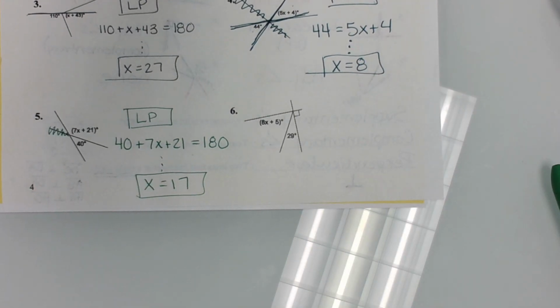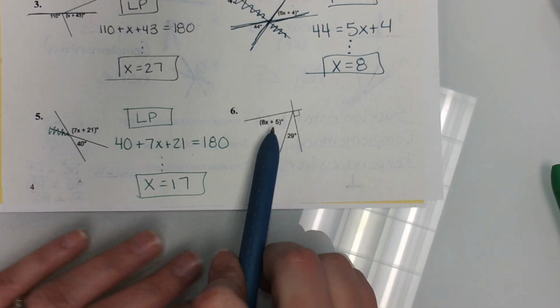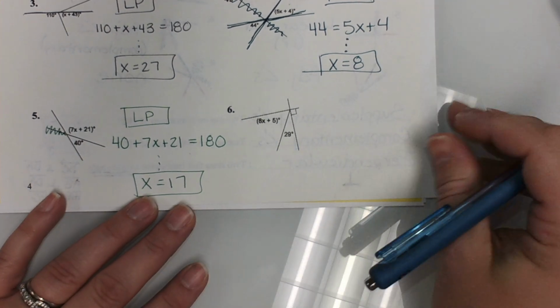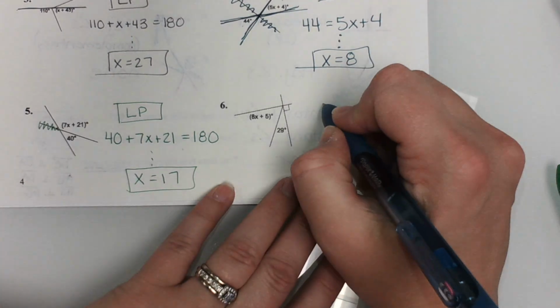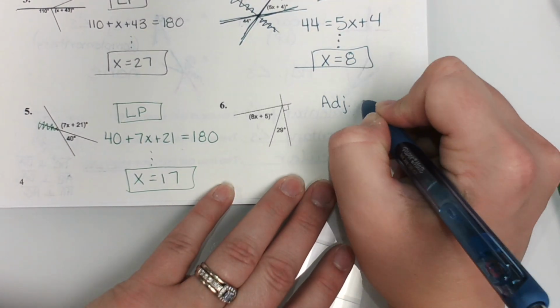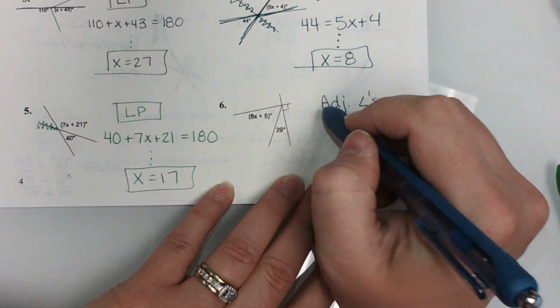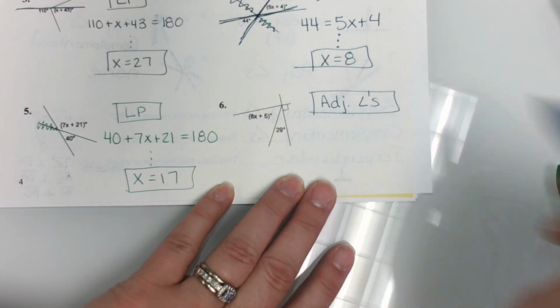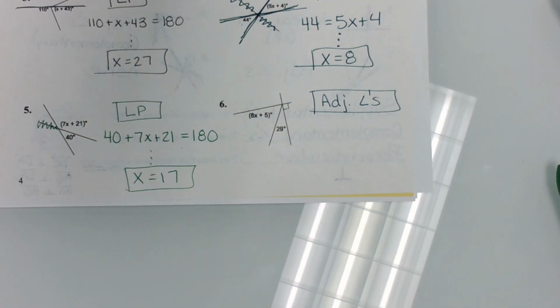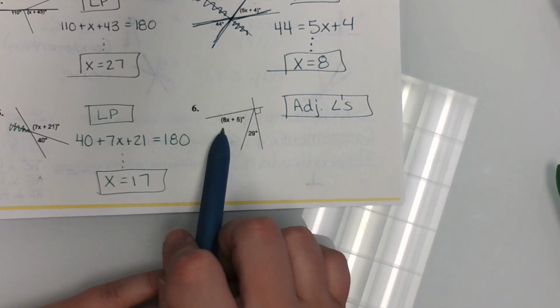Okay, we've got one final one. Ella, what kind of angle pair do you think these two are? They are just plain adjacent. Now adjacent means I do the angle addition postulate. Part plus part equals whole. I need the two little angles and the big angle. Do I have the two little angles? Yes.